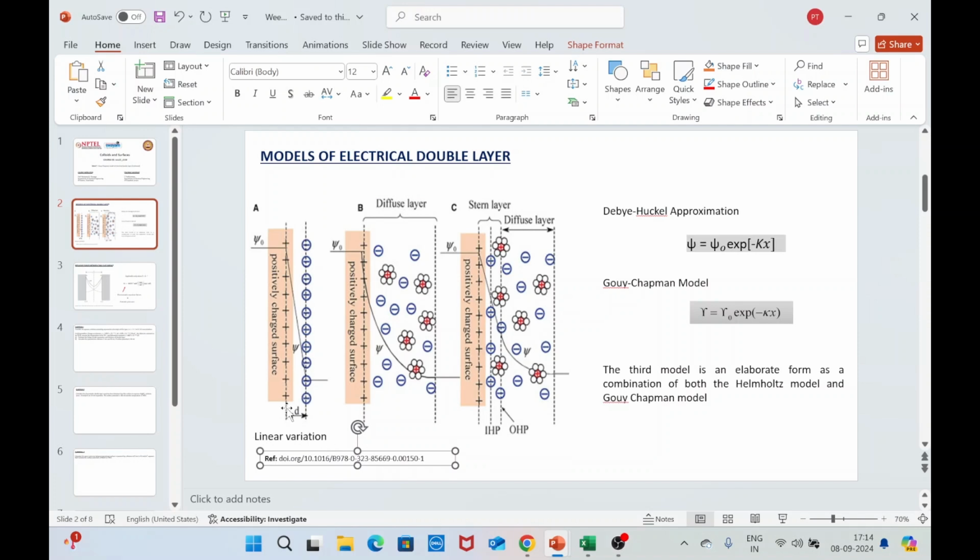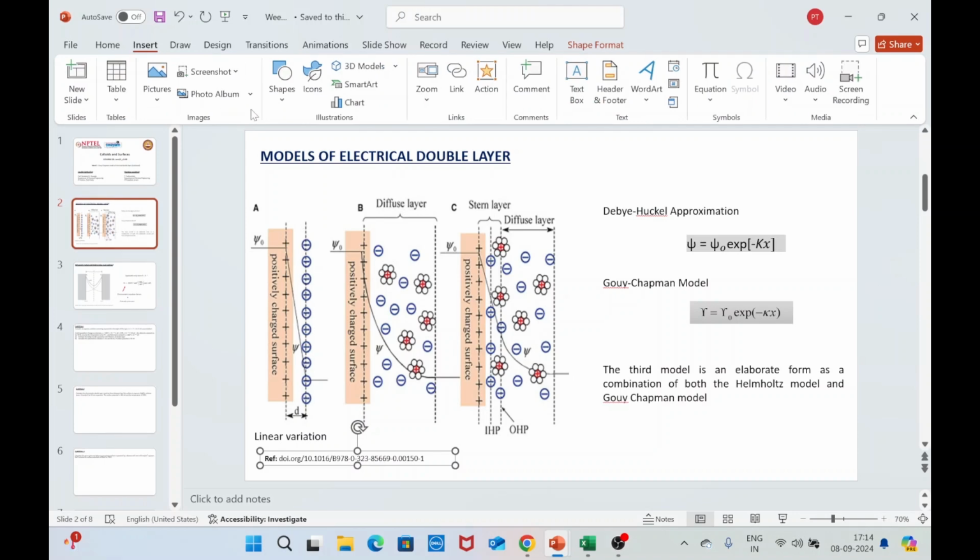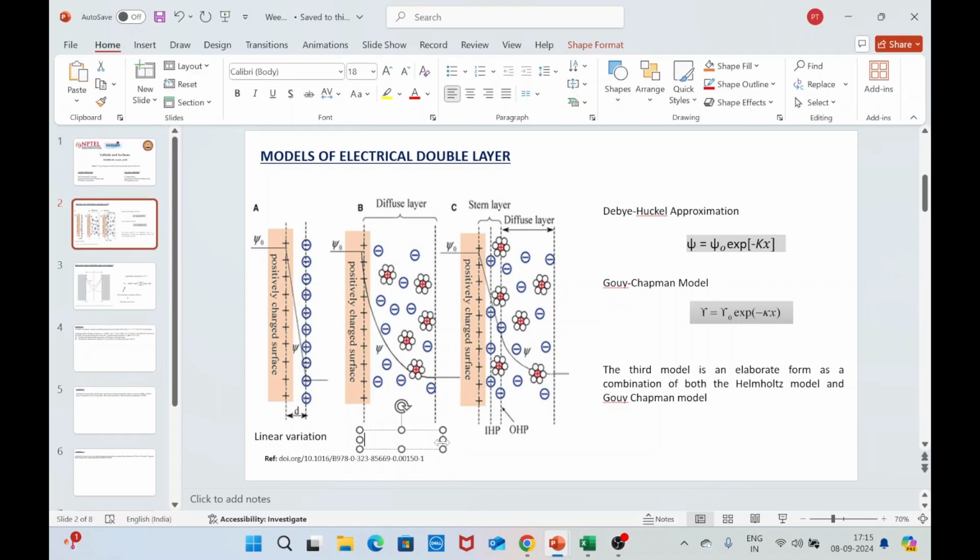Whereas in case of the diffusive layer model, the variation of the potential with the distance is exponential. It decreases exponentially as we go far away from the surface.